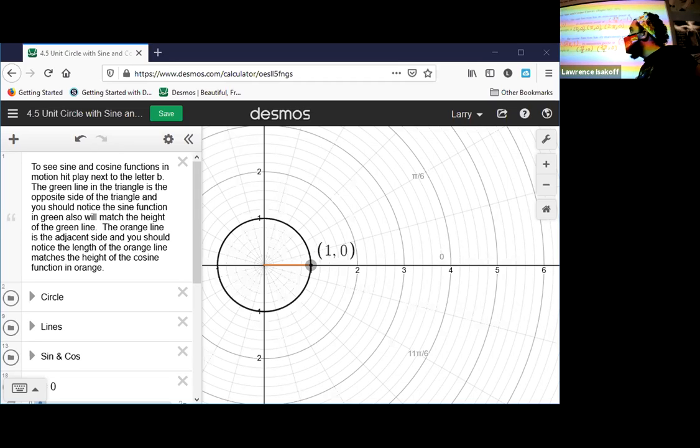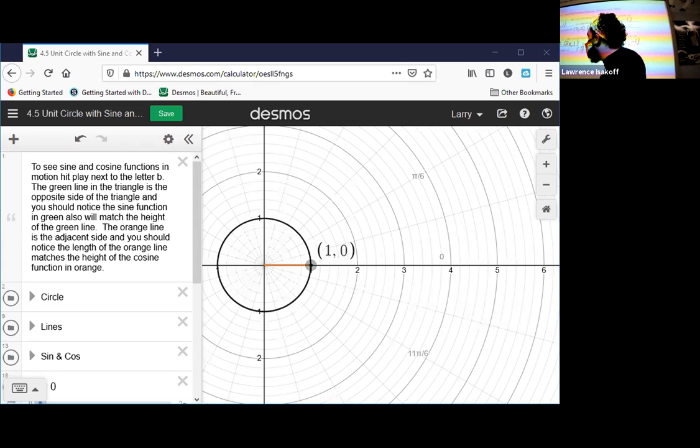Some basics here. When we're between values of 0 and 2 pi, which is the same as between 0 and 360 degrees, the sine function has a max at pi over 2, comma 1, and a minimum at 3 pi over 2, comma negative 1. That has x-intercepts at 0, 0; pi, comma 0; 2 pi, comma 0.